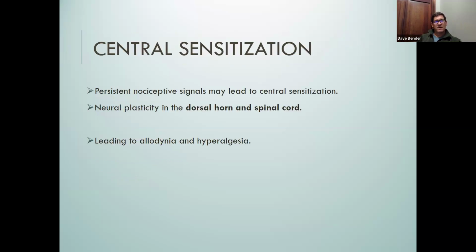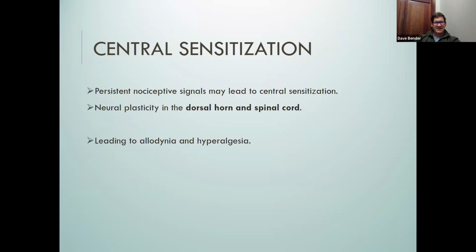Central sensitization. Persistent nociceptive signals lead to central sensitization. It's a pretty simplified statement of that diagram that we looked at initially, of how noxious nociceptive input is going to affect multiple areas in the brain, from the spinal cord and temporal summation in the midbrain to even cortical areas, and our perception of pain, and how our conscious awareness of this pain can upregulate and downregulate that mechanism.